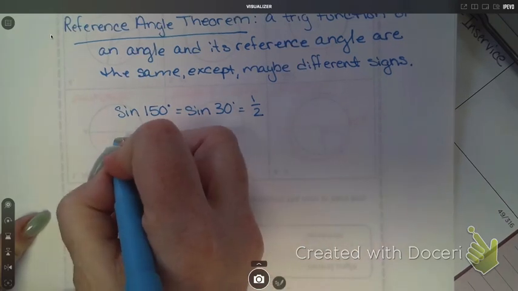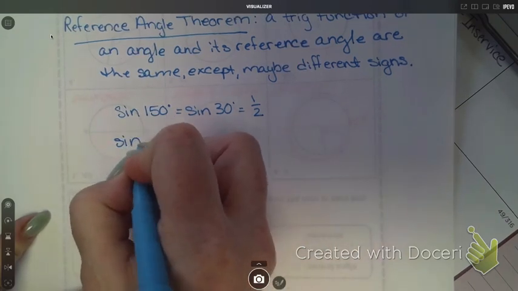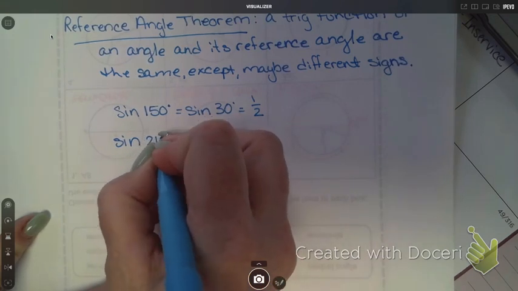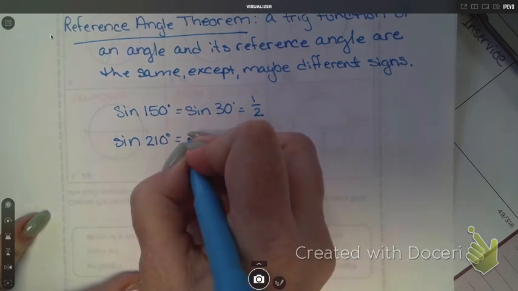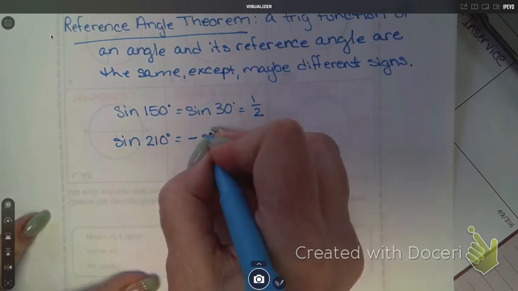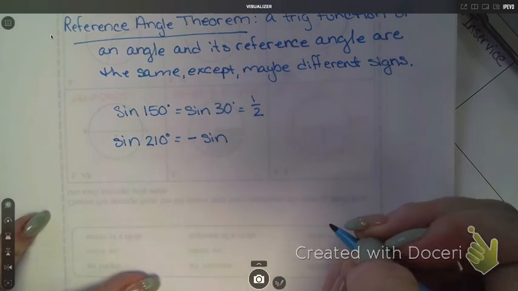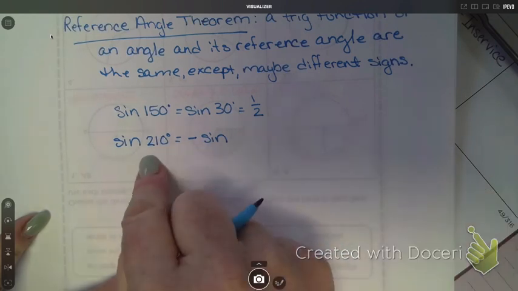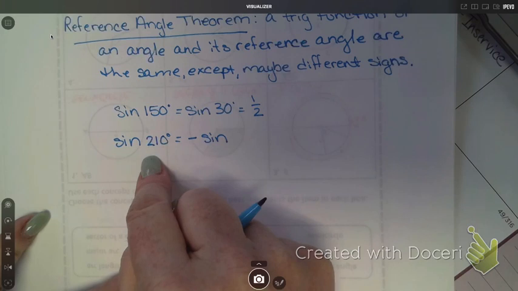Or we had the sine of 210 was equal to negative the sine of, my negative, because where's 210 at? Quadrant 3, and y is negative in quadrant 3, right?